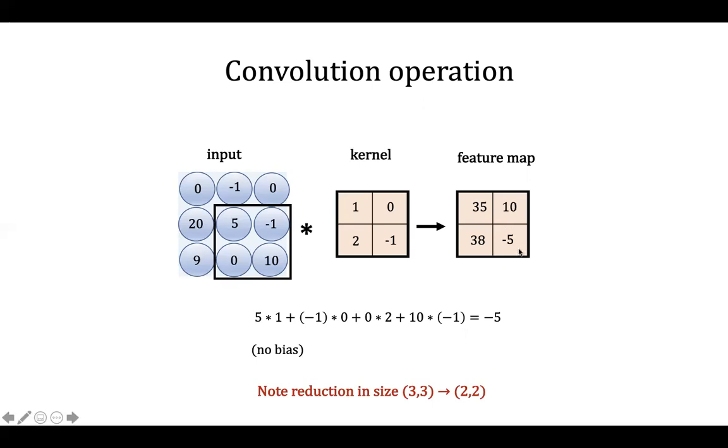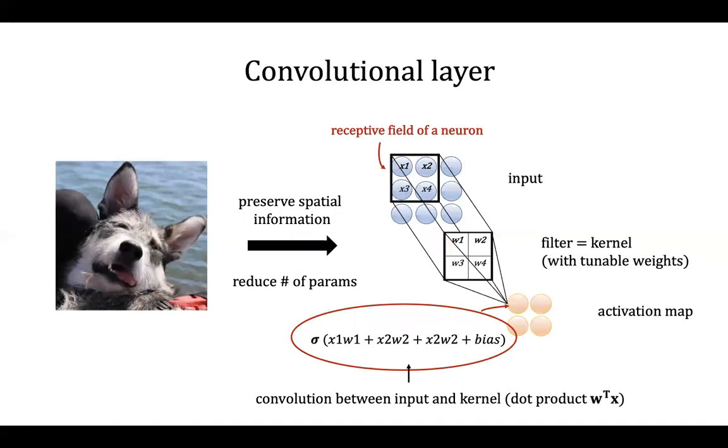You can also note that the output after the convolution operation is smaller than the input, so the convolution operation reduces the size. And it might not be really clear yet, but what's happening with this convolution between the input and kernel is very similar to what happens in densely connected layers. We also have some input, and we also have what we can call hidden neurons.